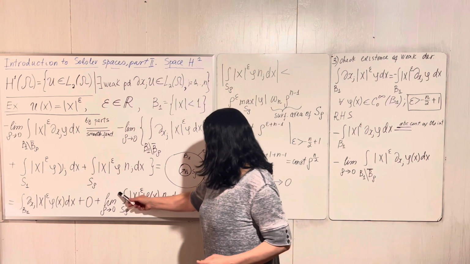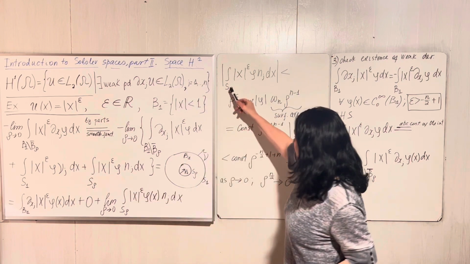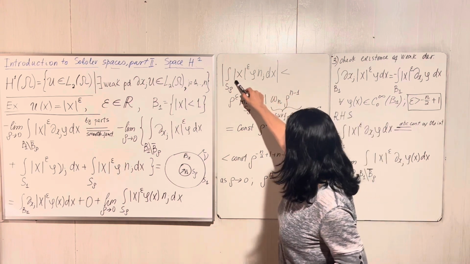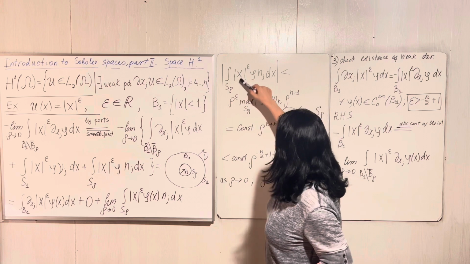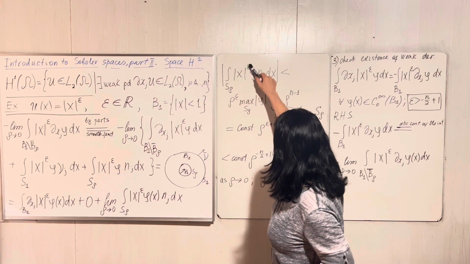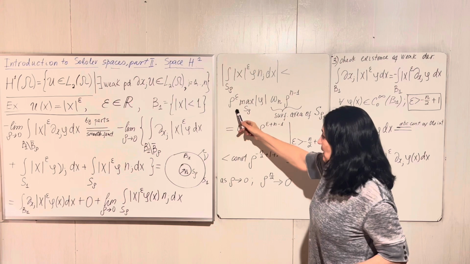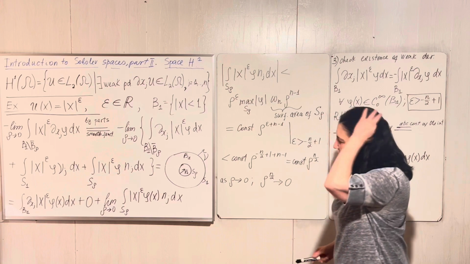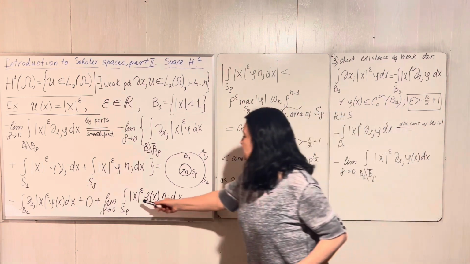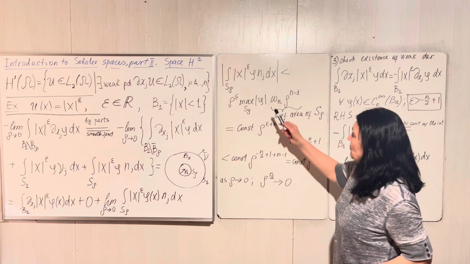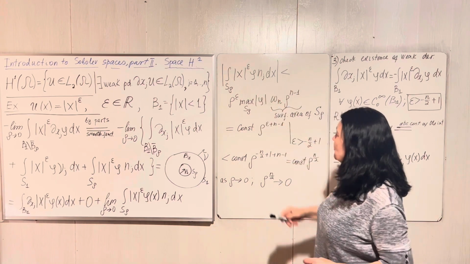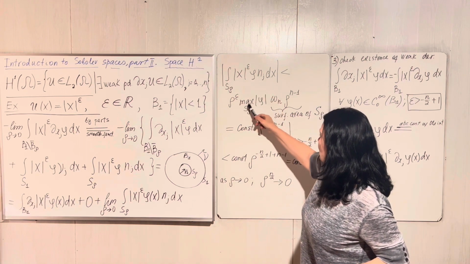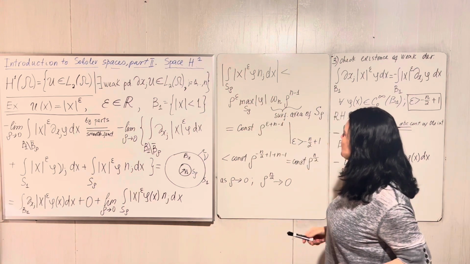To do this, first we will estimate the integral. So we write here this integral and we estimate it. The first term, the magnitude of x to the epsilon, will end up with rho to the epsilon, since we're integrating over our sphere with radius rho. Then function phi is a smooth function, so it has a maximum, so we can just take its maximum.